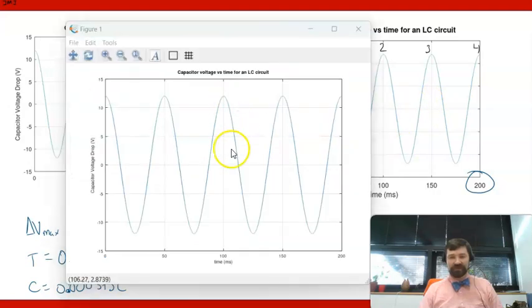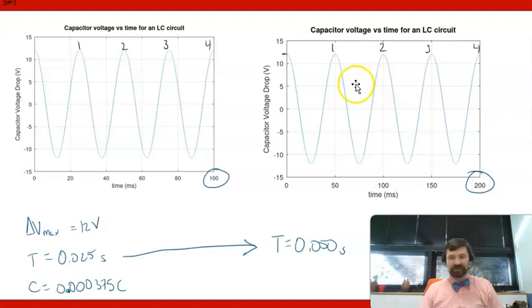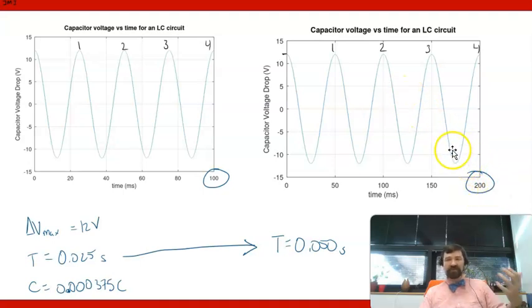Here's the plot, and here it is pasted onto the little share area. So doubling the period causes us to double the time to get the same number of periods. It also gives us still the same value for delta V max.